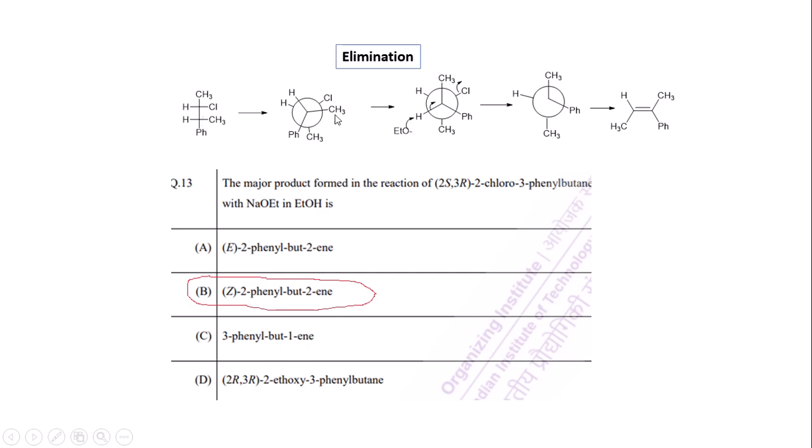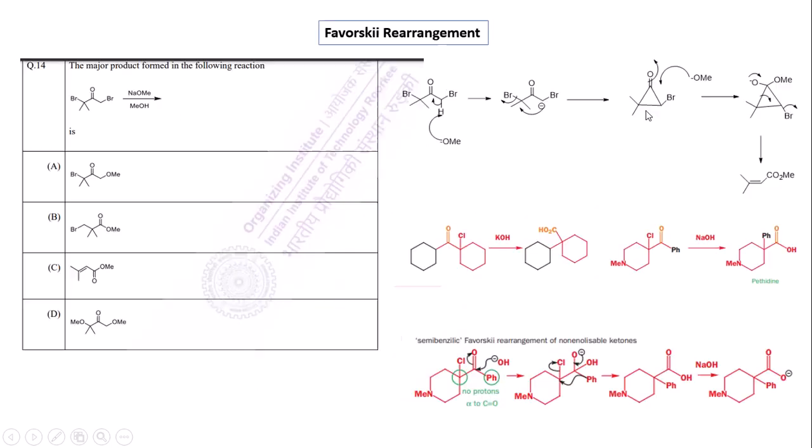And from that, if we convert it to the Newman projection, after elimination it gives the Z-phenyl butene. Here the hydrogen and the chlorine group must be present in the anti-periplanar orientation, and the stereoelectronic requirement is maintained, and we get the Z-2-phenyl butene as the product.